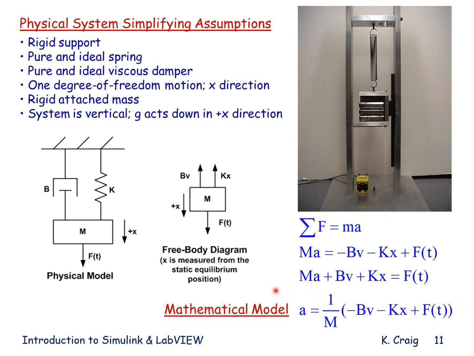This then becomes the mathematical model of my physical model based on simplifying assumptions, which is the model for this real physical system. Now let's draw the Simulink diagram for my mathematical model of my physical model.